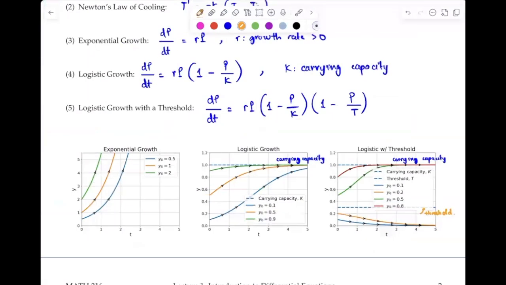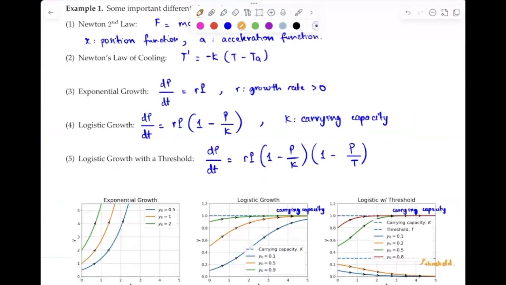We will see when we get to the solution techniques, I will show you the solutions of the exponential growth model and the solutions of the logistic growth model. In differential equations, we can solve for solutions using analytical techniques, like integration techniques and other solution techniques.